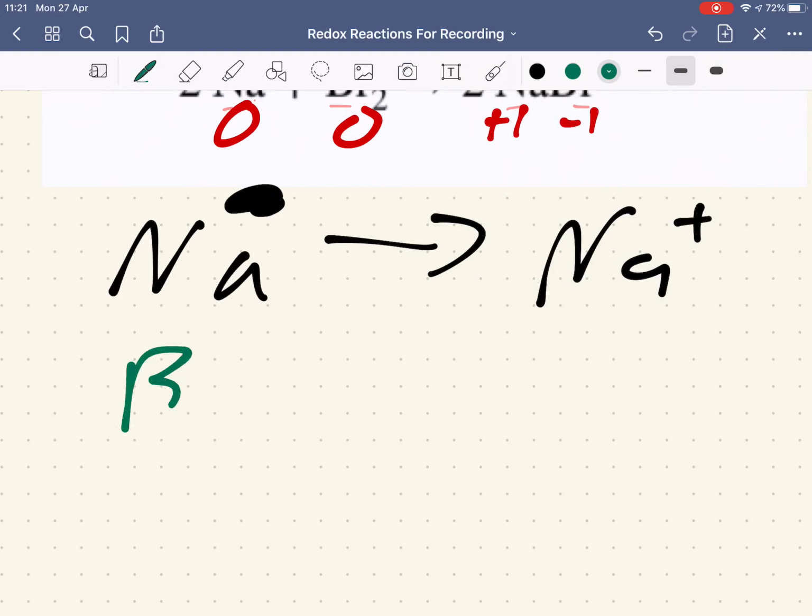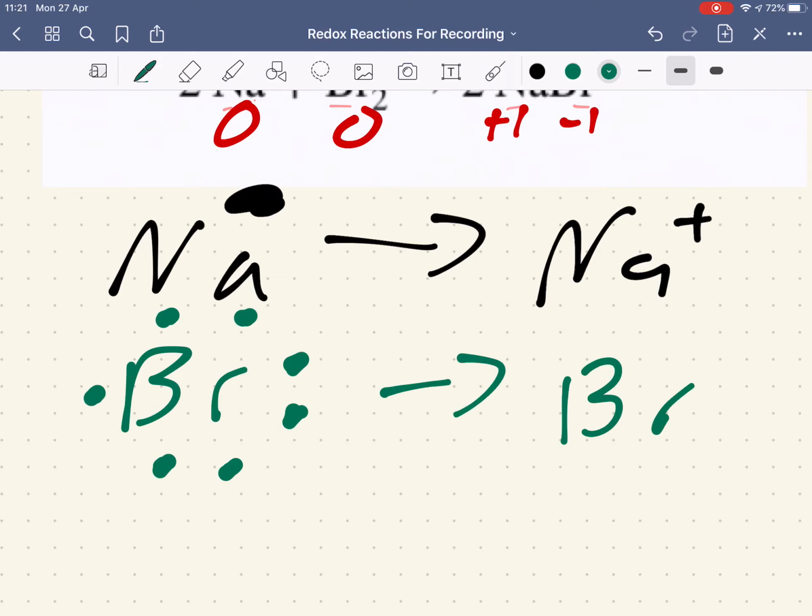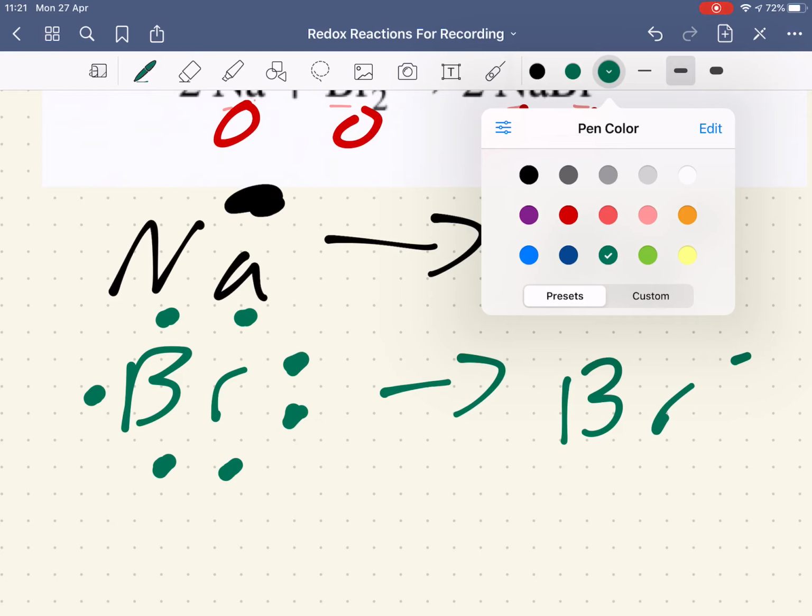Bromine, Br, has 1, 2, 3, 4, 5, 6, 7 electrons, and it's turning into Br minus. How does this happen? I hope you know, guys.